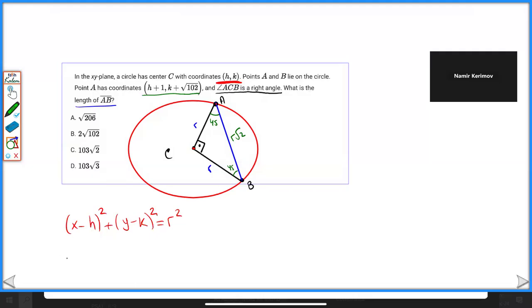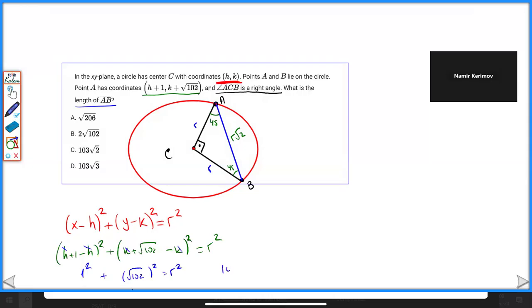That will be h plus 1 minus h squared plus, instead of y, k plus root 102 minus k squared. And then it is obvious that h and h, we eliminate them, k and k, yes, they cancel. So we get 1 squared plus root 102 squared equals radius squared.